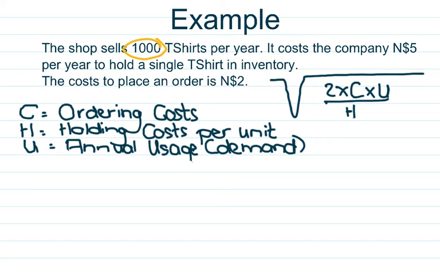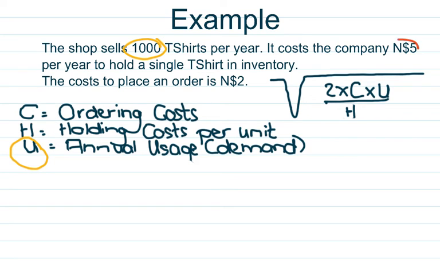So what would you say this 1,000 t-shirts is, is that important when we use the economic order quantity model? That 1,000 t-shirts, it seems to me that can be the annual usage, or U. All right. Then it costs the company $5 per year to hold a single t-shirt.